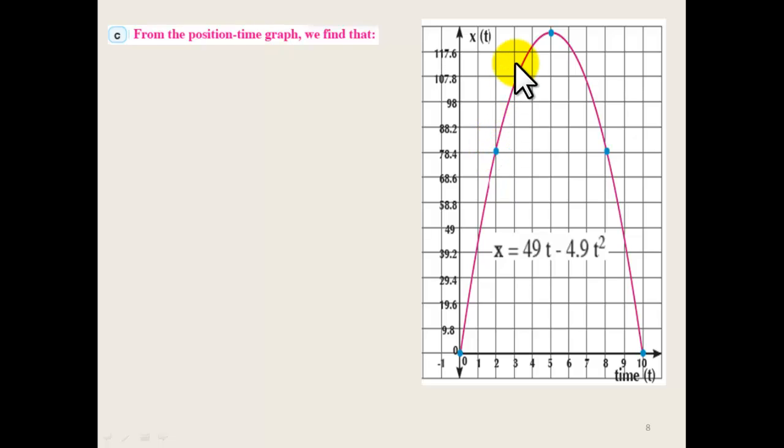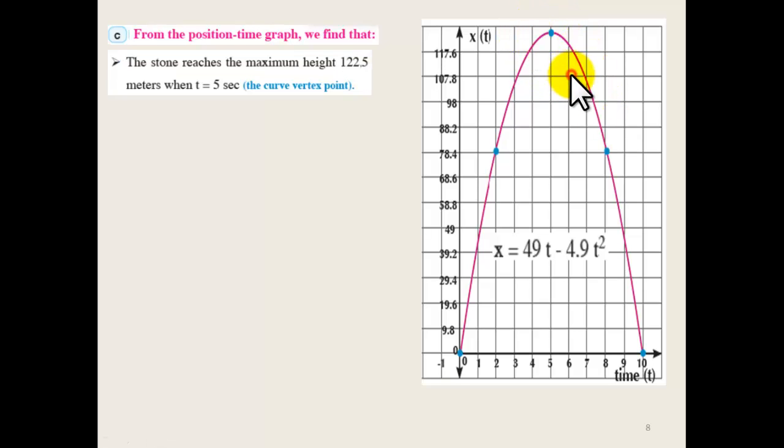When the stone reaches the maximum height, it will instantly stop, and it comes back again to the height 78.4.